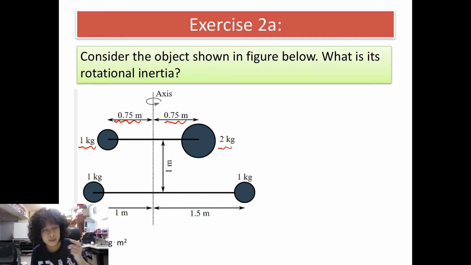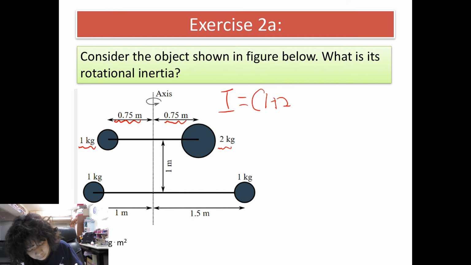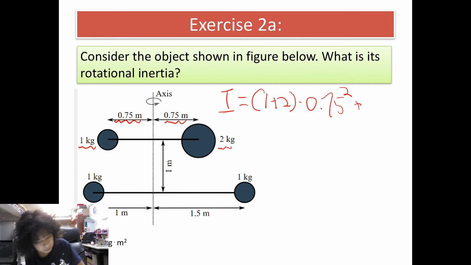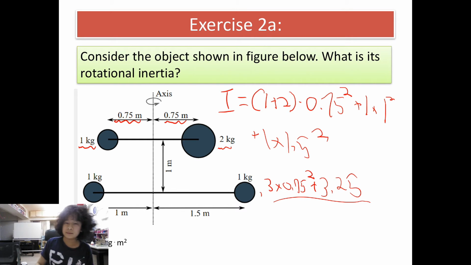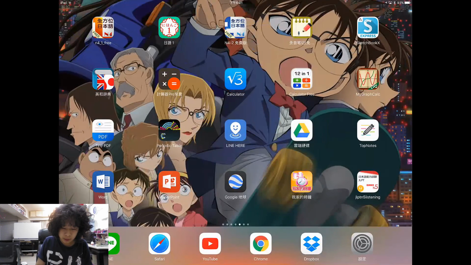So which means that I equals 1 plus 2 times 0.75 squared, plus here we have 1 times 1 squared plus 1 times 1.5 squared, which is equal to 3 times 0.75 squared plus 3.25. Okay, so how much is it? We can use a calculator, that will be good.